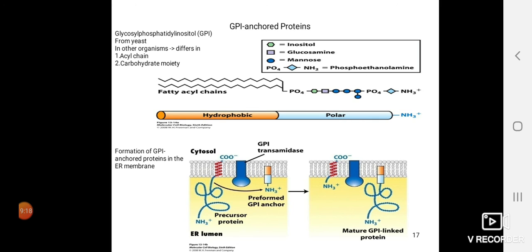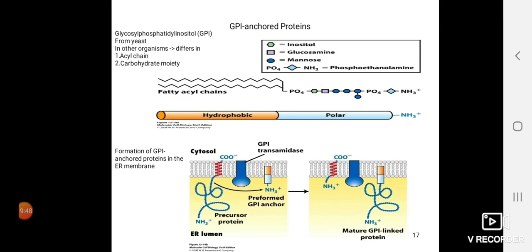So here GPI transamidase transfers the polypeptide chain, except the membrane portion: at a specific position on the N-terminal part, the polypeptide chain gets cleaved and transferred onto the GPI, forming a GPI linked protein.